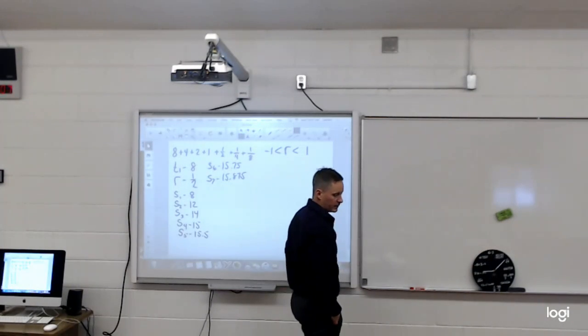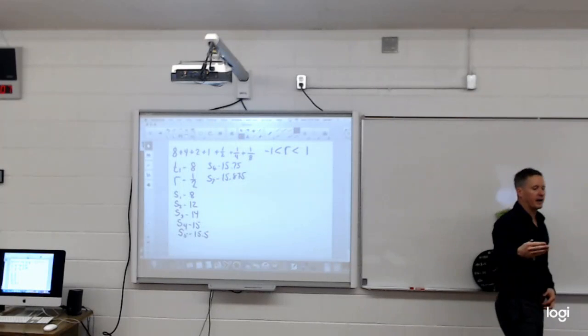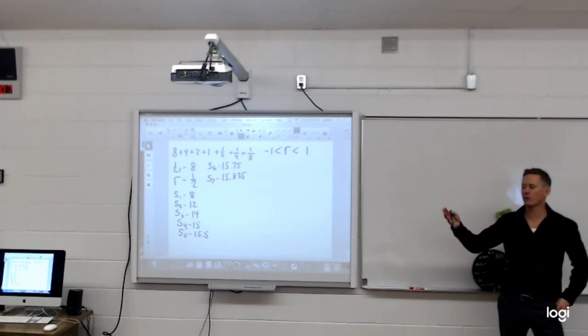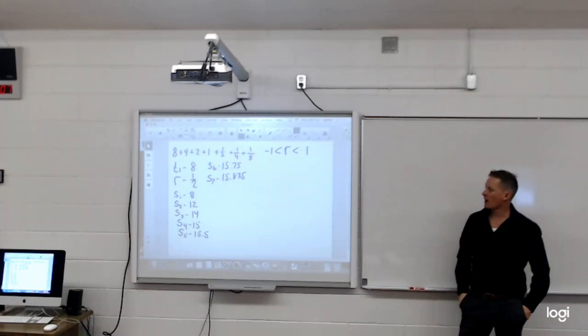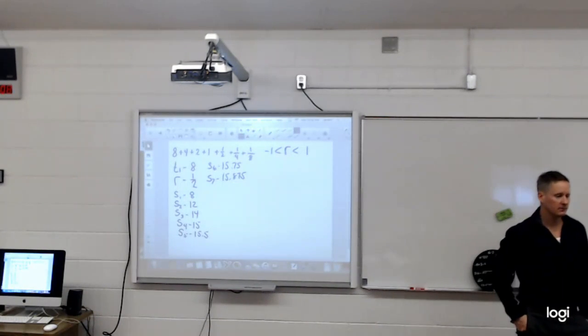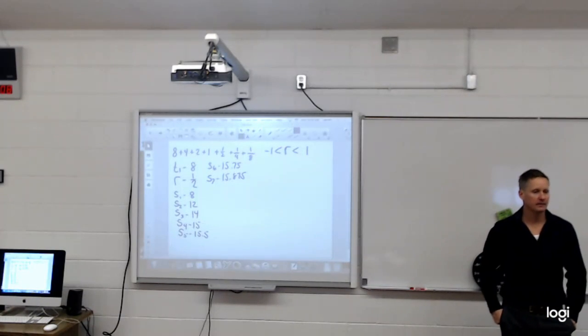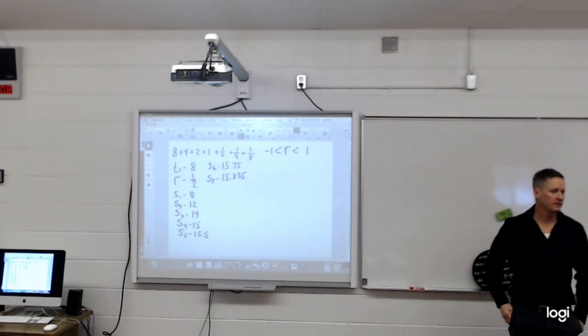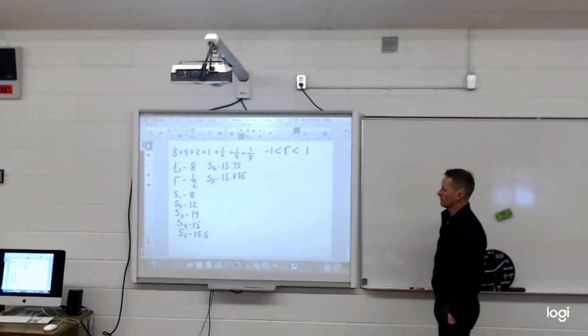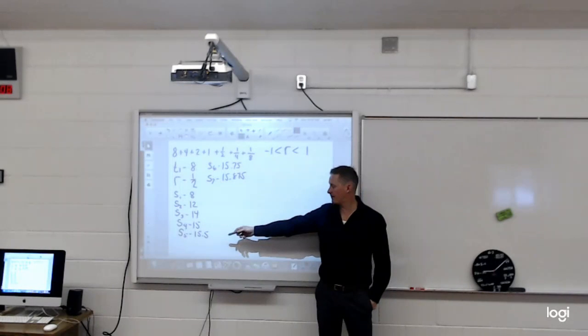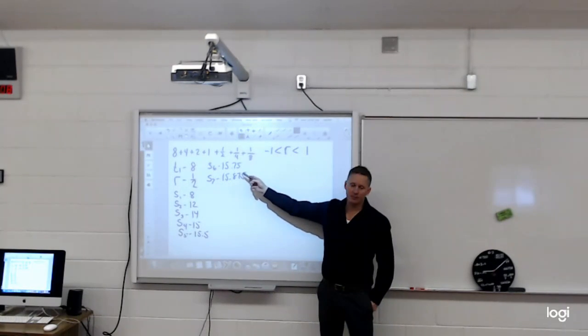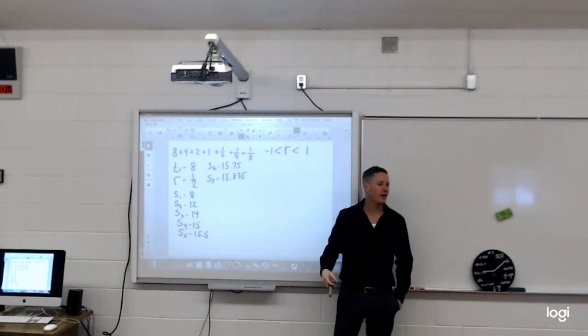Okay. Well, we know that each time you put a term down, it's half the previous term, so we're increasing by that. But just take a look at the numbers. We started at 8, right? And then in about 3 terms, we went to 15, right? And then we started to go up by smaller increments: 15.5, 15.75, 15.875.